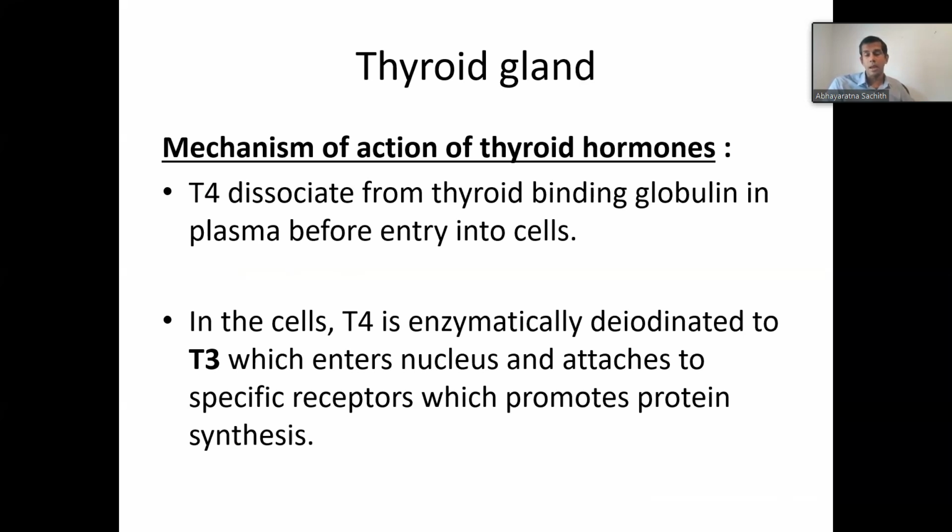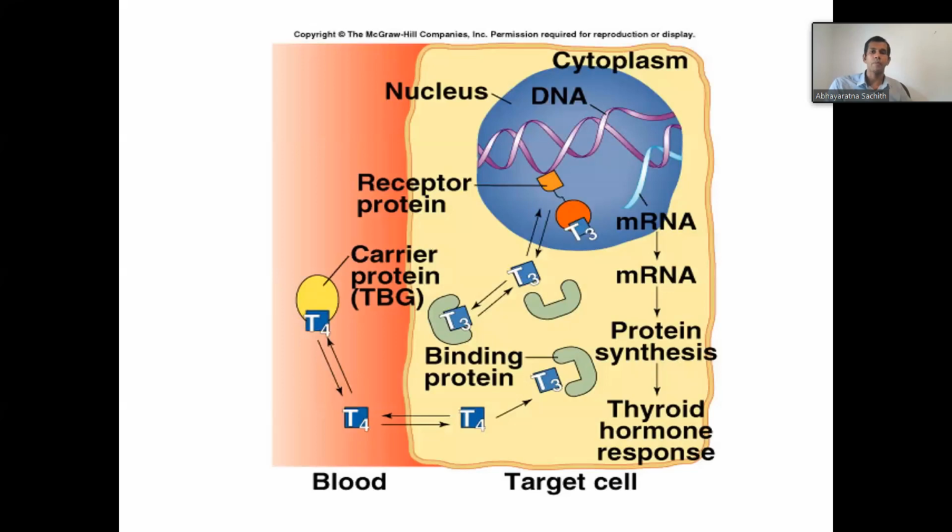And then once the thyroxine is released, the major part is T4. But before they enter the cells, they will be deiodinated into T3. So at the tissue level, the most important hormone is T3 rather than T4. This peripheral conversion is also important, and there are certain medications we'll discuss later that block this conversion as well. And then the receptors are intranuclear.